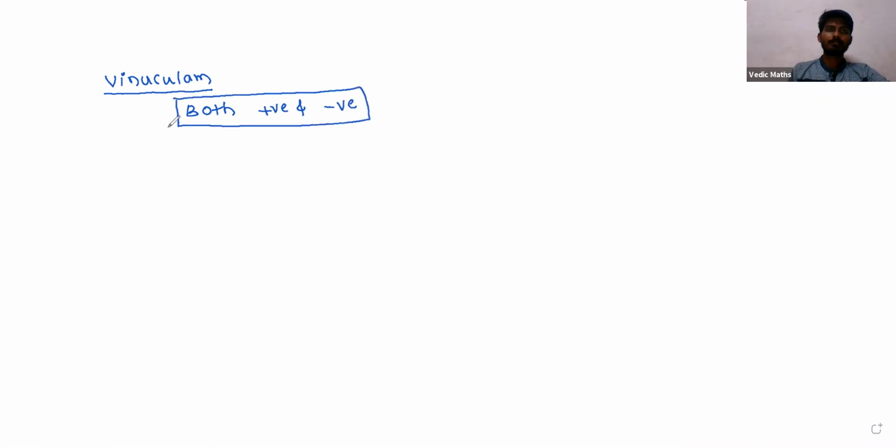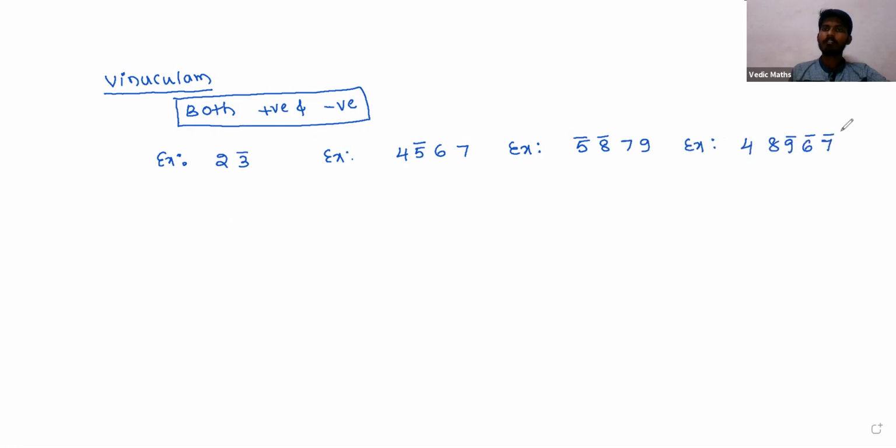That means, for example, 2, 3 bar; 4, 5 bar, 6; 7, 5 bar, 8 bar, 7; 9, 4, 8, 9 bar, 6 bar, 7 bar.